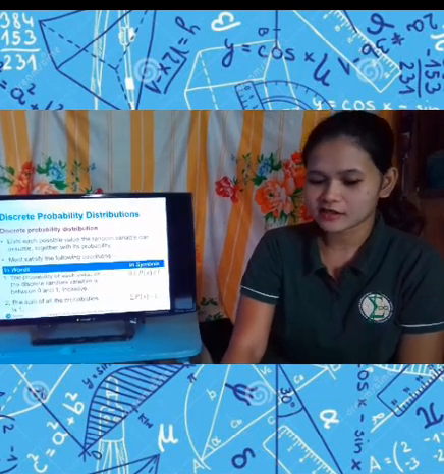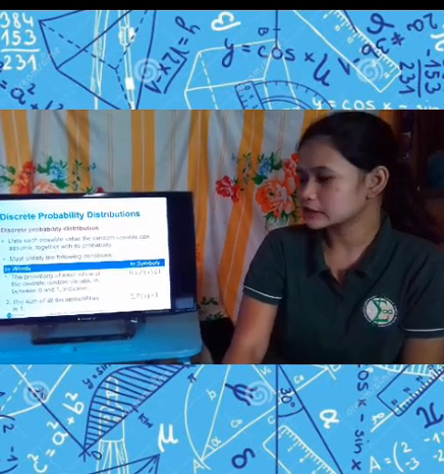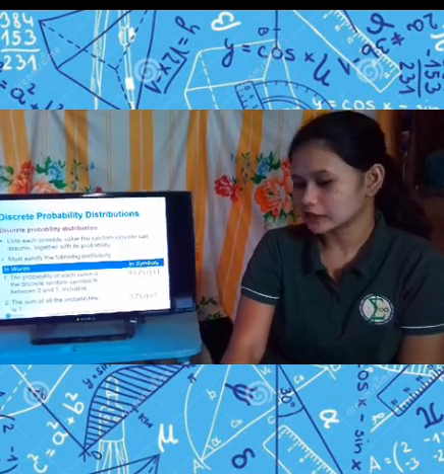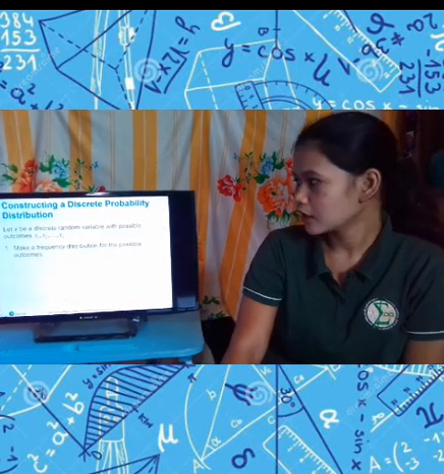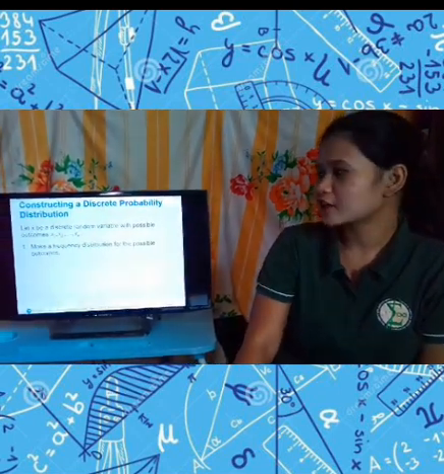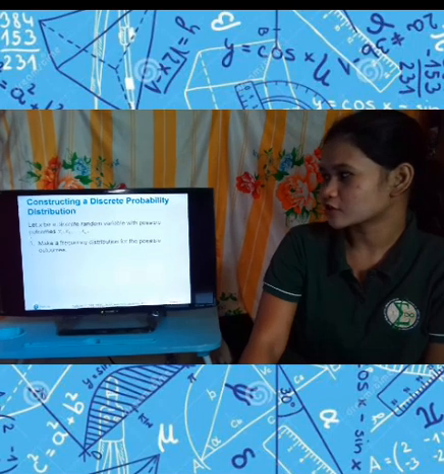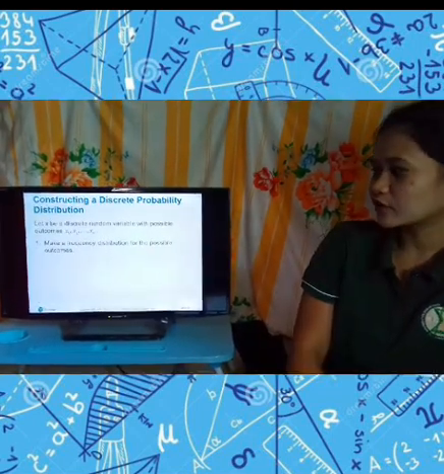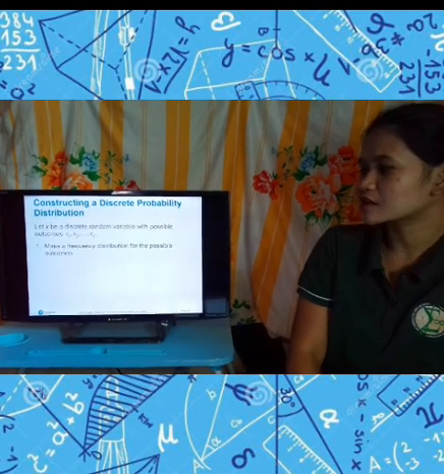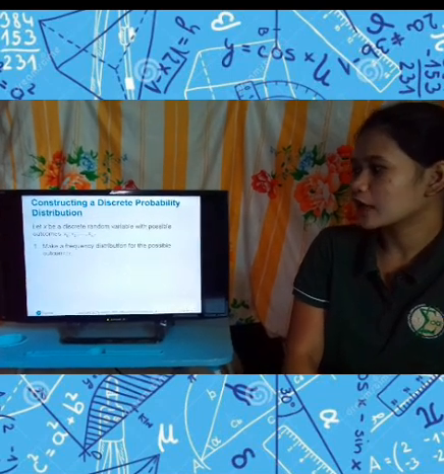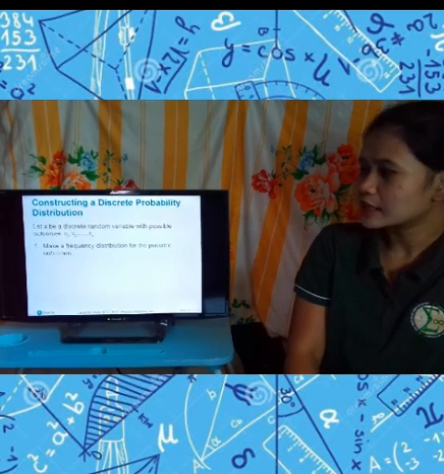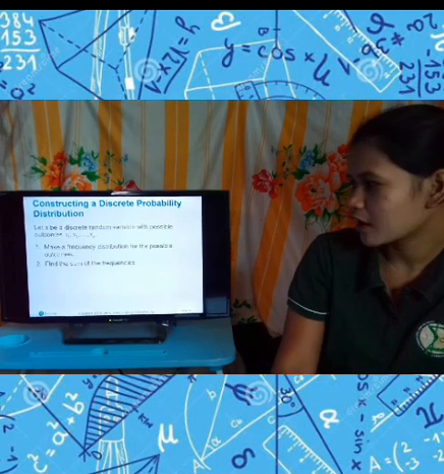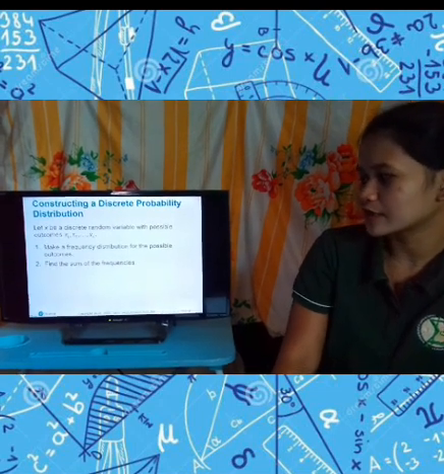The next condition is that the sum of all probabilities is 1, or in symbols, the summation of P of x is equal to 1. Now, here are the steps in constructing a discrete probability distribution. Let x be a discrete random variable with possible outcomes x sub 1, x sub 2, up to x sub n. First, let's make a frequency distribution for the possible outcomes, and then find the sum of the frequencies.